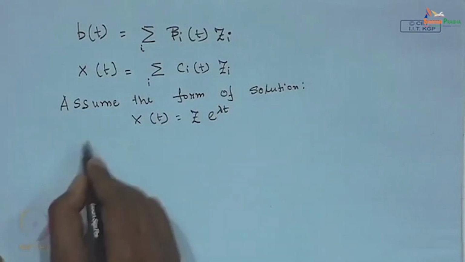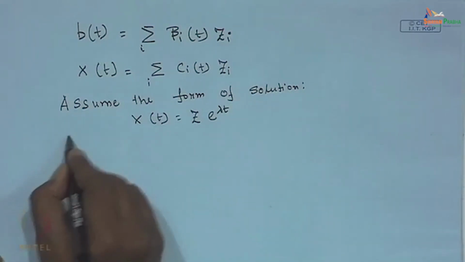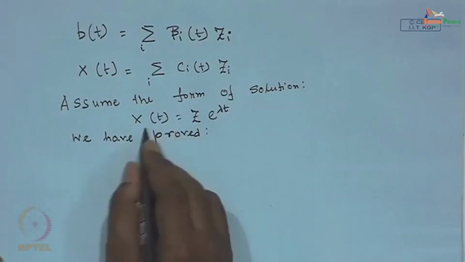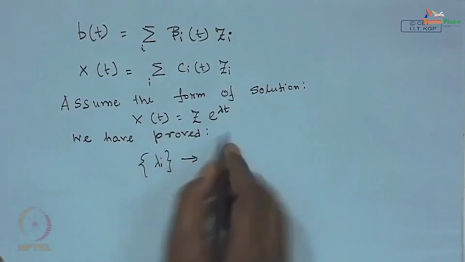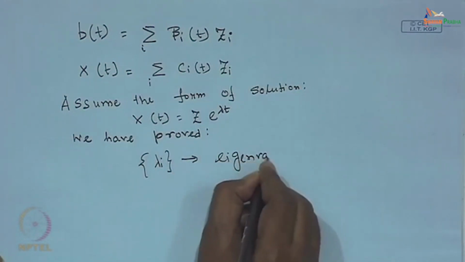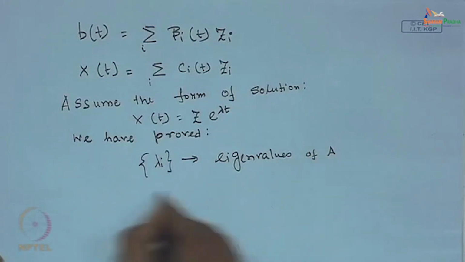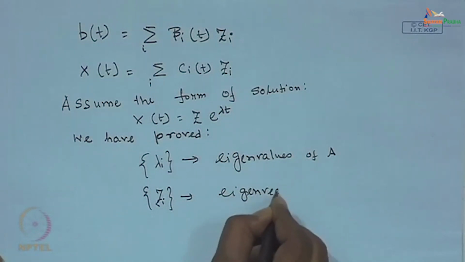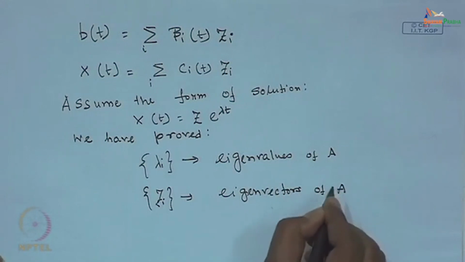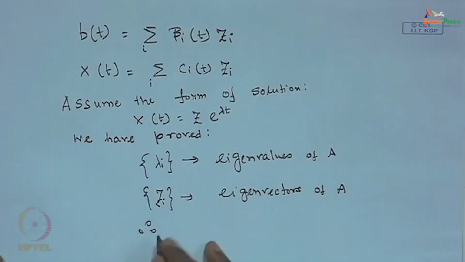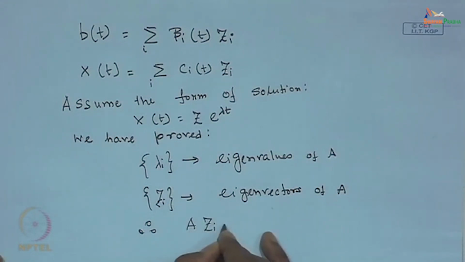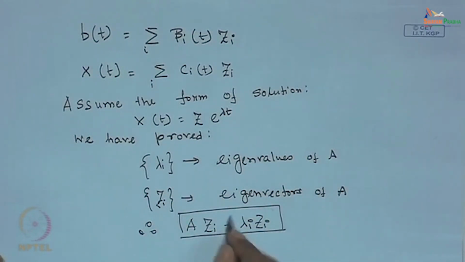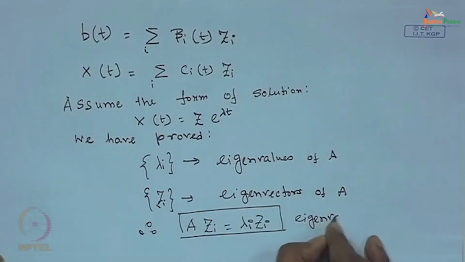We have proved earlier that lambda_i corresponds to the eigenvalues of A and z_i correspond to the eigenvectors of A. Therefore, we have the eigenvalue problem A z_i is equal to lambda_i z_i, where lambda_i is the ith eigenvalue and z_i is the corresponding eigenvector.